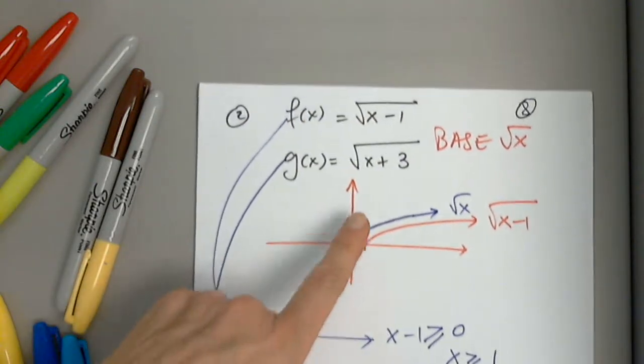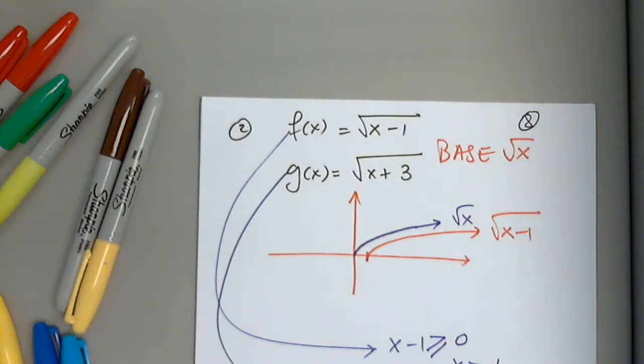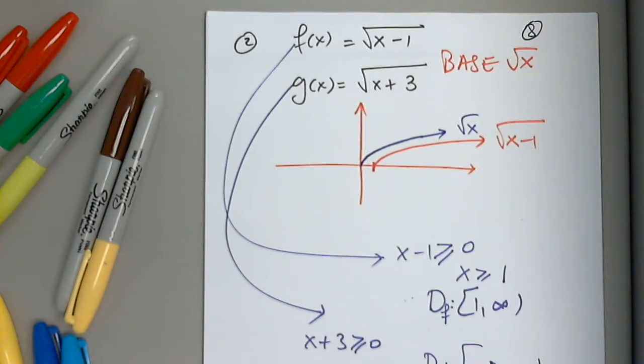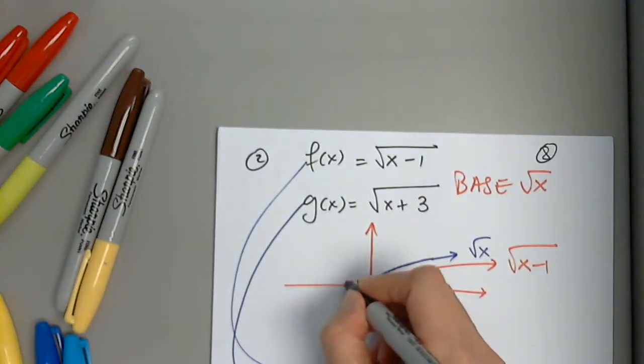So now let's come back to the graph and ask ourselves, when I change x into x plus a number, where will the graph go? To the left. According to the domain, it's very clear. So 1, 2, 3.